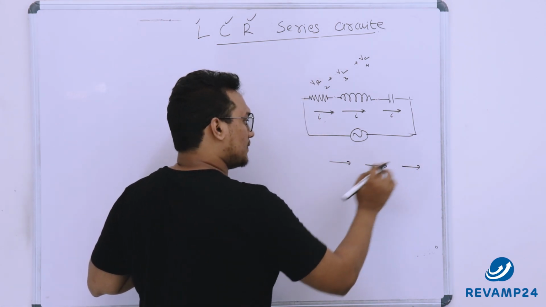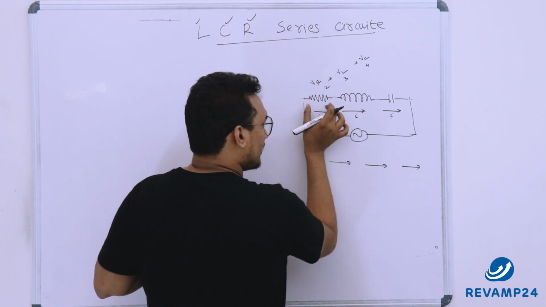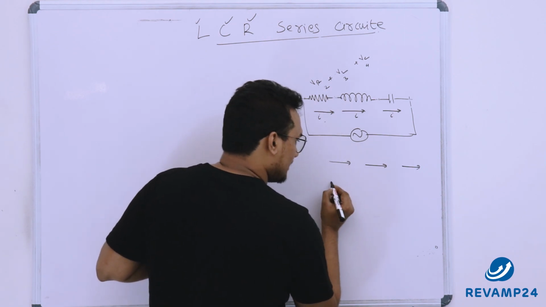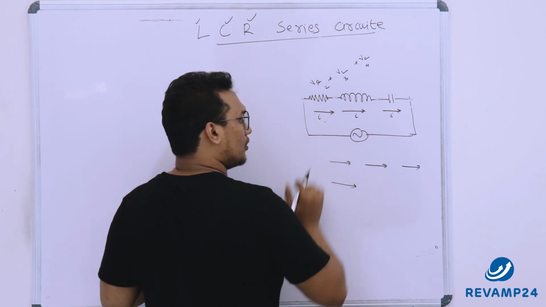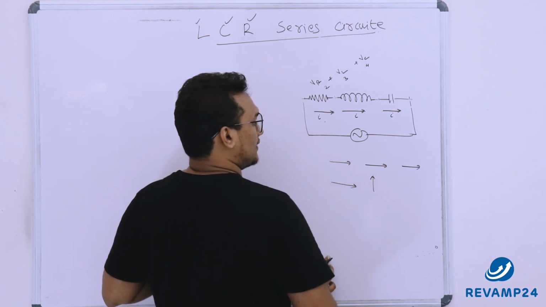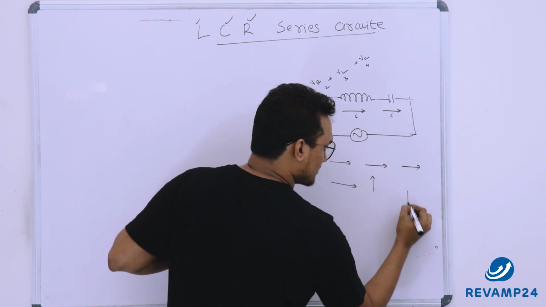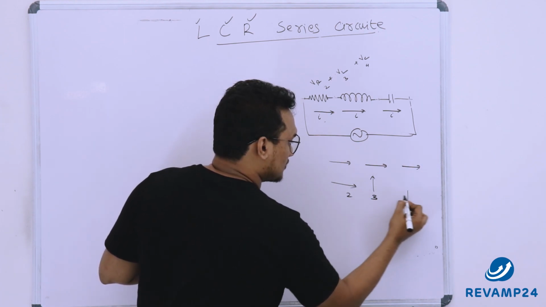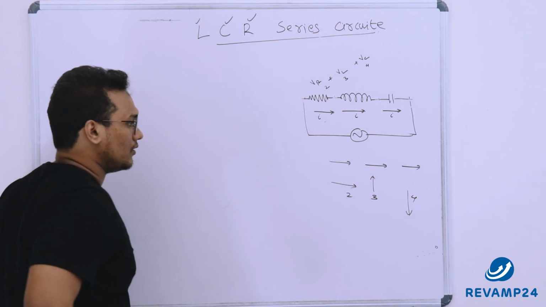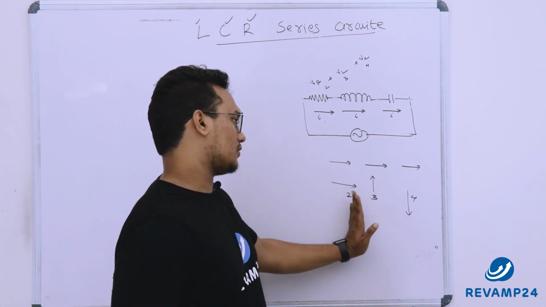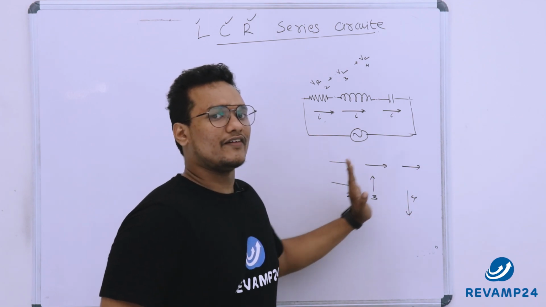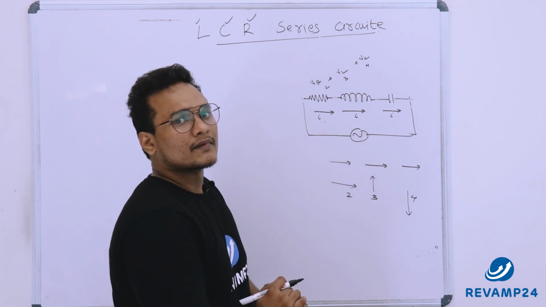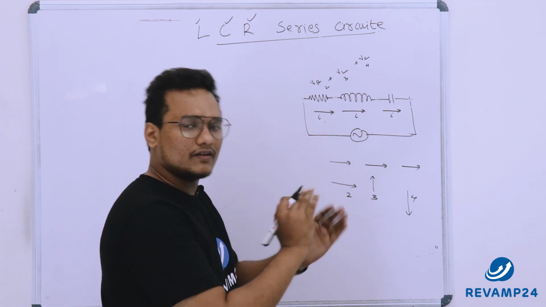Let's say at the resistance the voltage is 2 volt in this direction, and here the voltage is in this direction, and here in this direction. Then we can't add these three as 2 plus 3 plus 4, because these two are in the opposite direction, so we have to subtract. These are out of phase, so we have to bring them to the same consideration, and only then can we add.